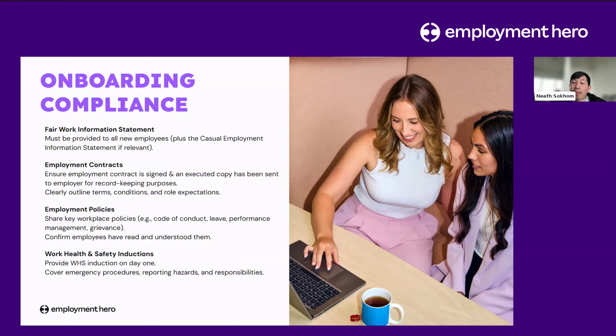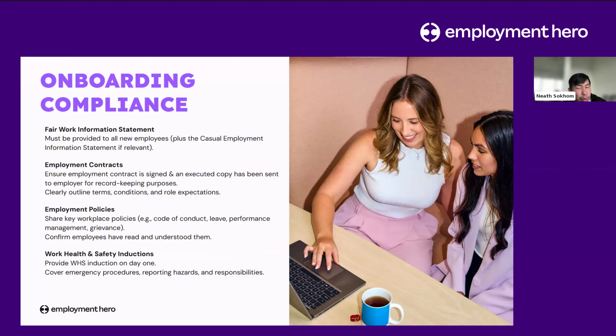A critical aspect of setting the right tone as well is to make sure that you provide and clarify workplace policies with the employee at the start. These policies are more than just paperwork. They define expected behavior, rights, and responsibilities within the workplace, and employees should be formally provided with access to, and ideally an acknowledgement of receipt and understanding of, the key policies that are in use within your organization.